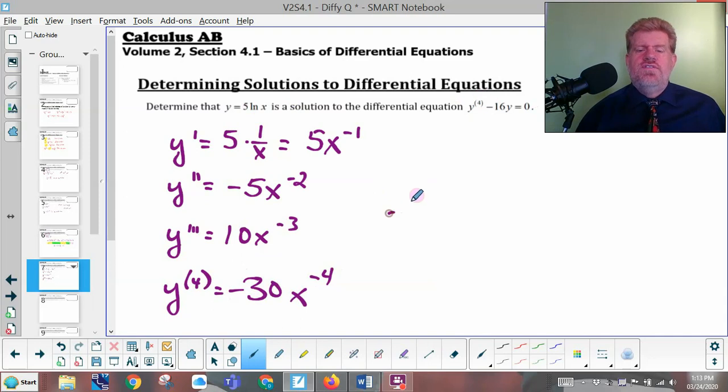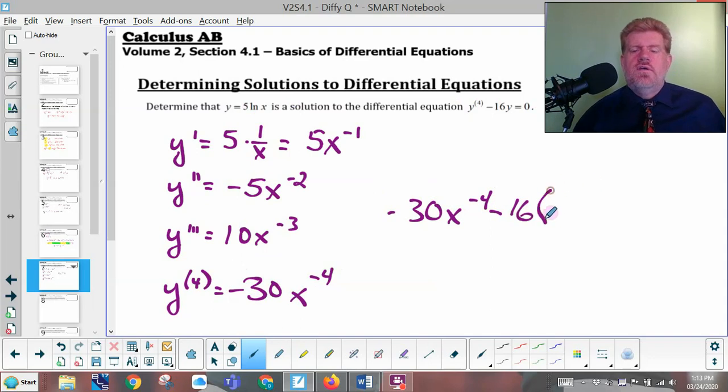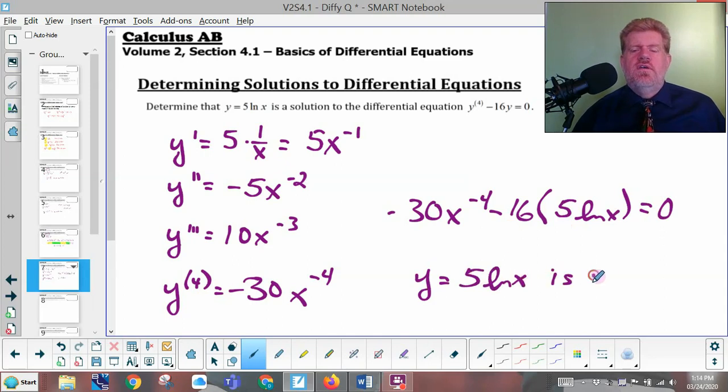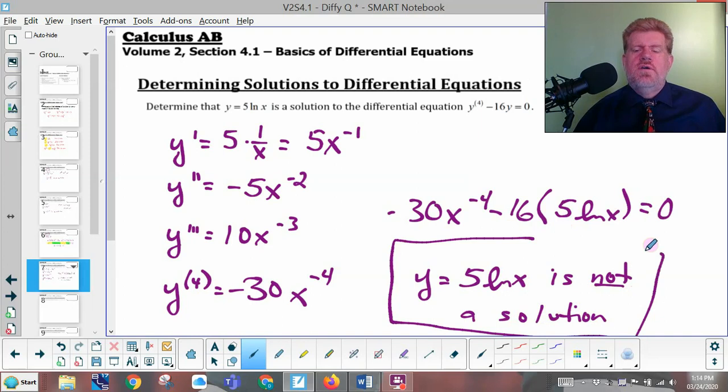Y to the fourth is negative 30 x to the negative 4, minus 16 times 5 natural log of x, going to equal 0? No, that's not true. So this is not a solution. Okay? Couldn't make them all work. Had to show you that they don't always work out.